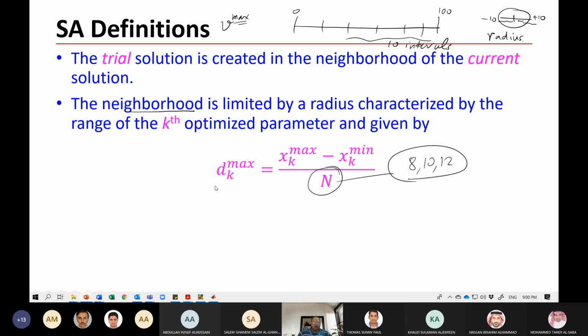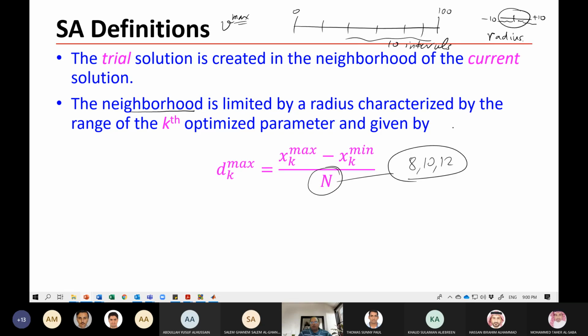So you define the radius of the neighborhood in each dimension, similar to Vmax in particle swarm.